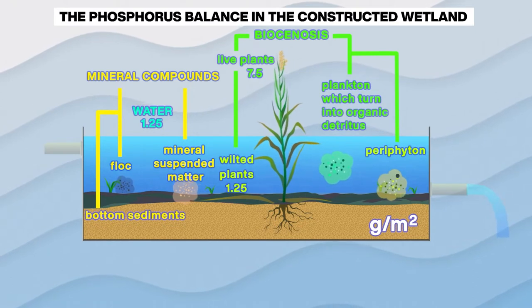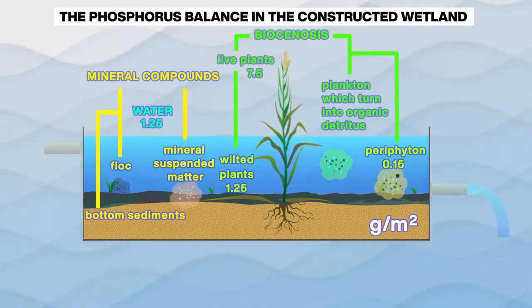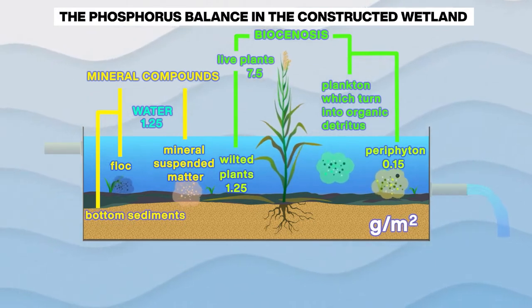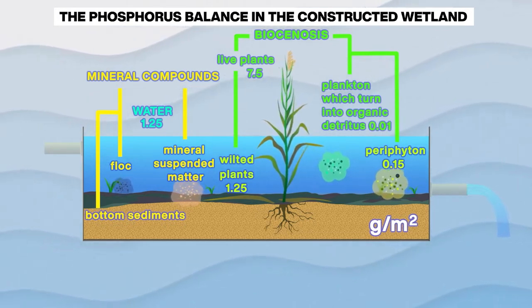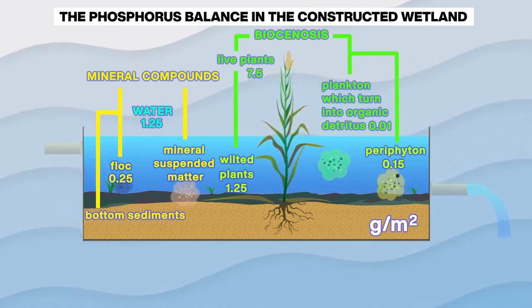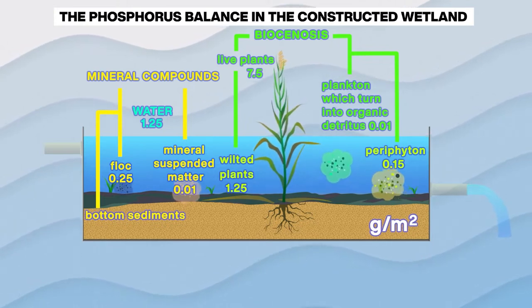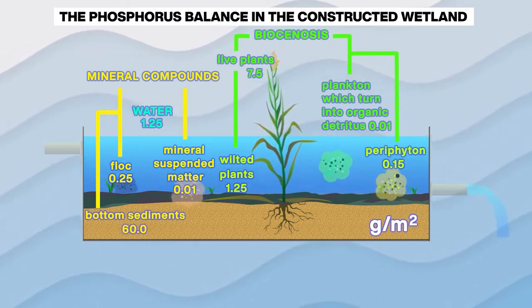Wilted plants, 1.25. Periphyton, 0.15. Plankton and organic detritus, 0.01. Floccules, 0.25. Mineral suspended matter, 0.01. And finally, the bottom sediments, 60 grams per square meter.